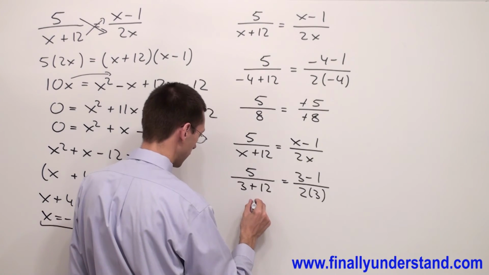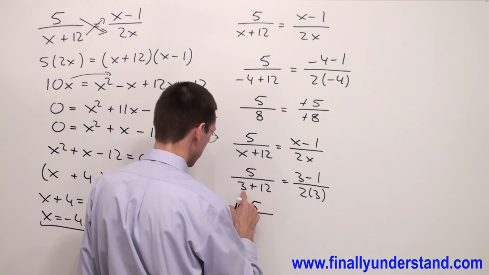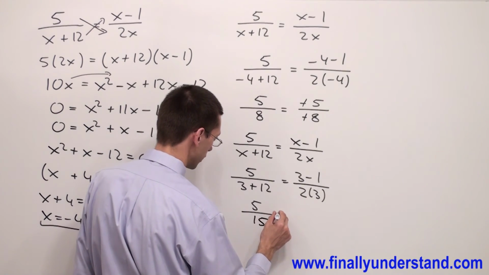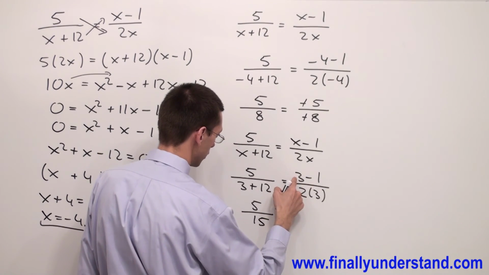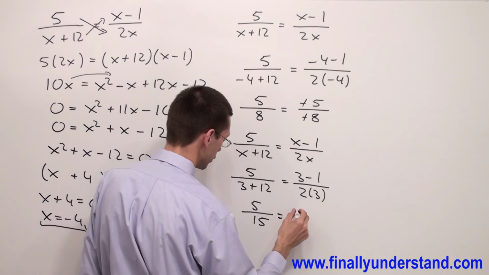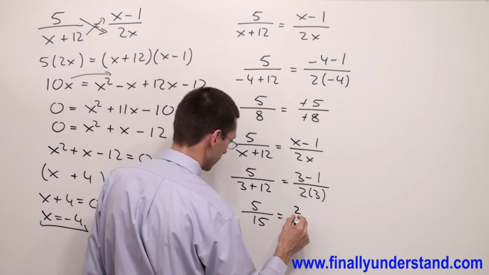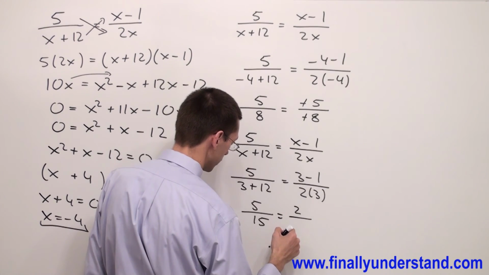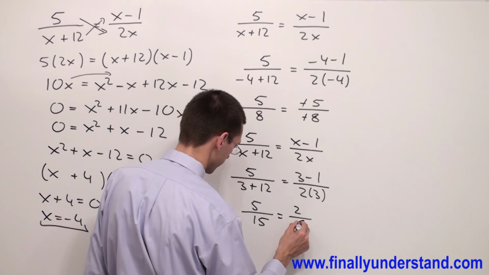I have 5 over 3 plus 12 is equal to 15, equals 3 minus 1 is equal to 2, and I have 2 times 3 is equal to 6.